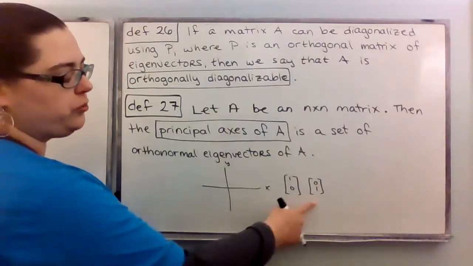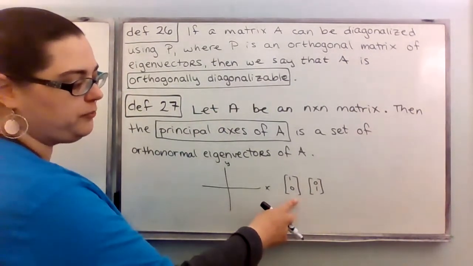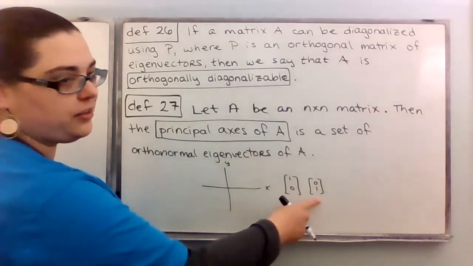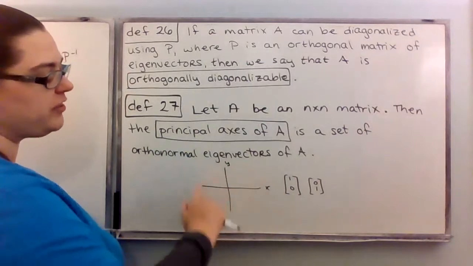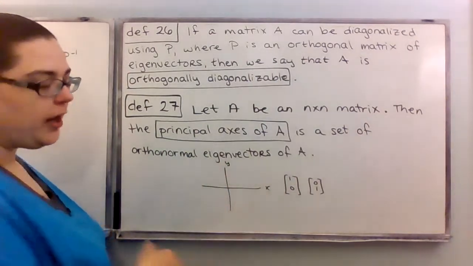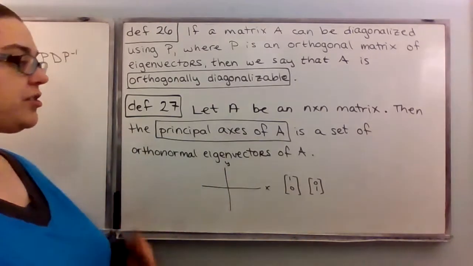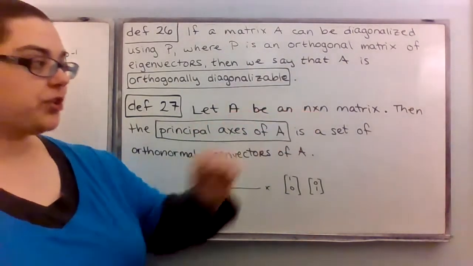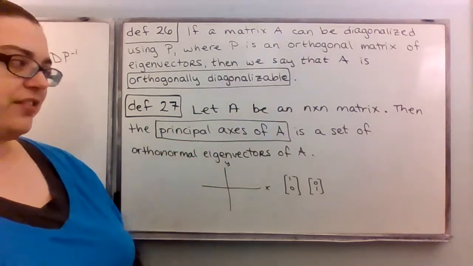So these are two orthogonal vectors, and they are normal vectors because they each have a length of 1. So this is a very nice set of axes for us to use in R2, and we can generalize that concept not only to Rn, but to any n by n matrix. And that's how we're going to create our principal axes of A.